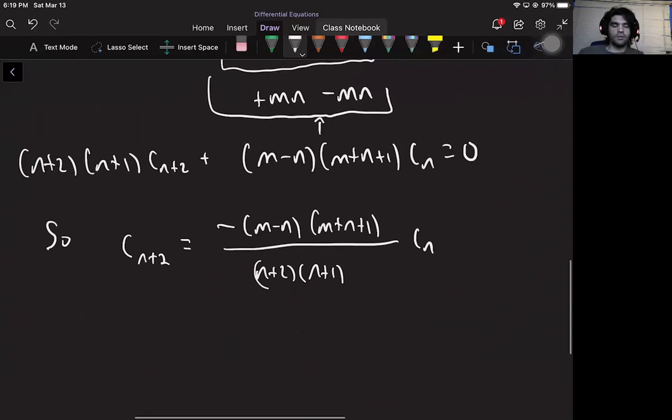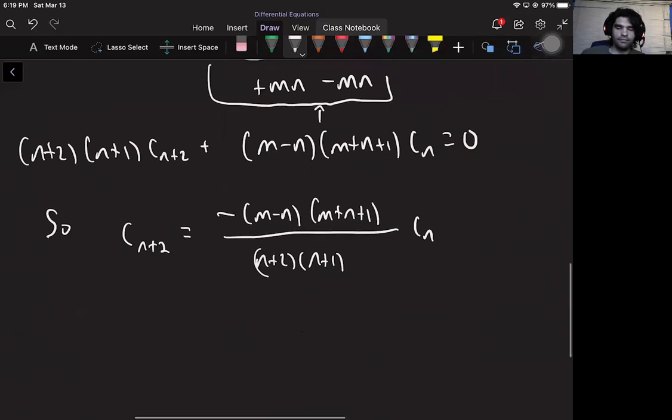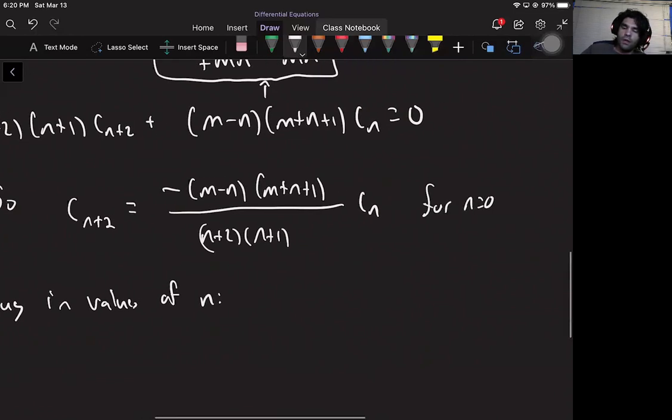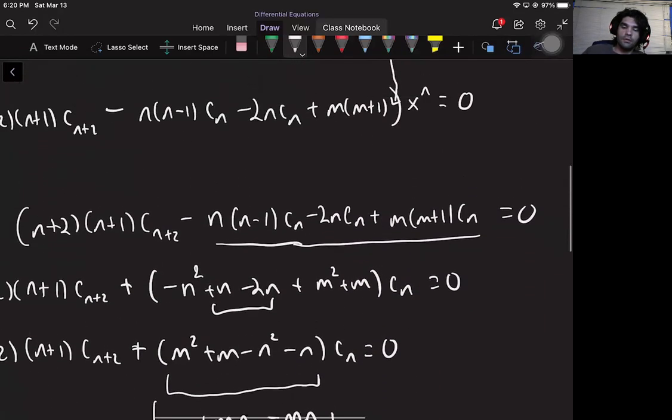And that gives us our relationship between the future terms and the previous terms. And then we just start plugging in values of n and see if we can see a pattern. So this we need to be true for n equals 0 and up. I should have written that earlier, but that's because the sum started at 0.